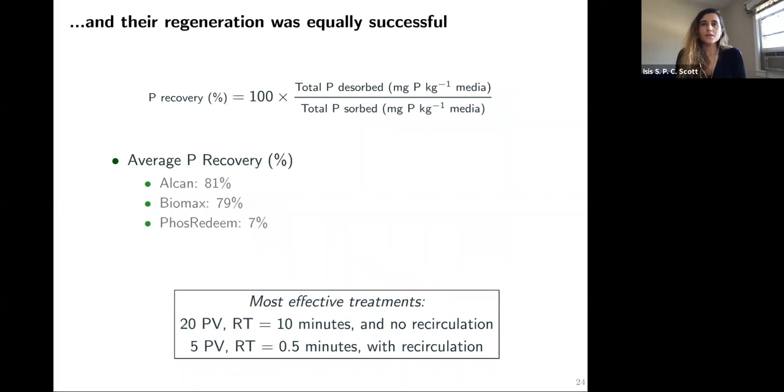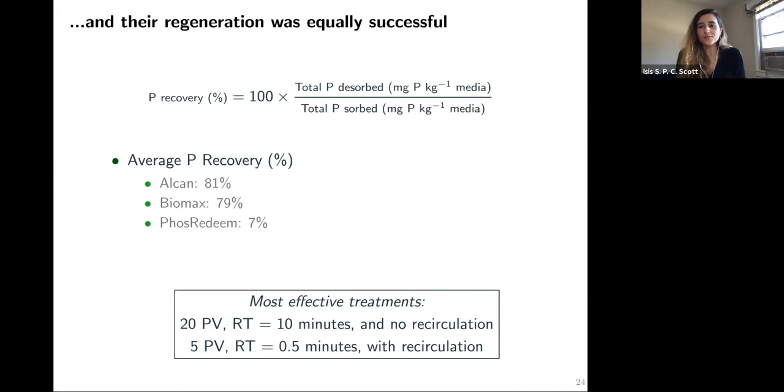So the way that we chose to evaluate the regeneration success was through this measurement here, which we called phosphorus recovery in percentage. It's essentially the relationship between the phosphorus that is desorbed and the phosphorus that was just sorbed in the phase immediately before. Overall, we saw an average phosphorus recovery for Alcan and Biomax of 81% and 79% respectively.